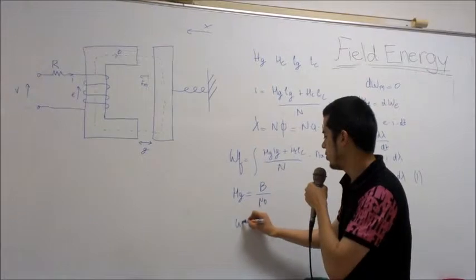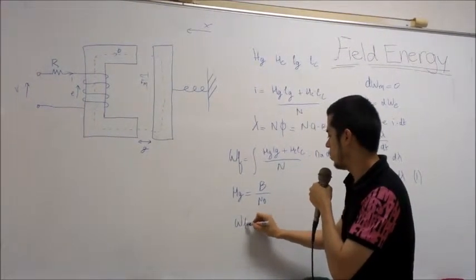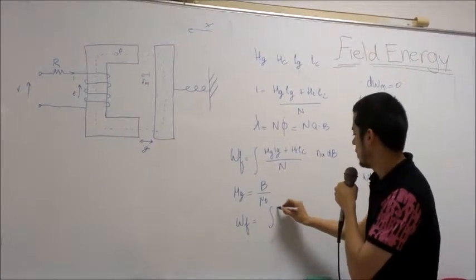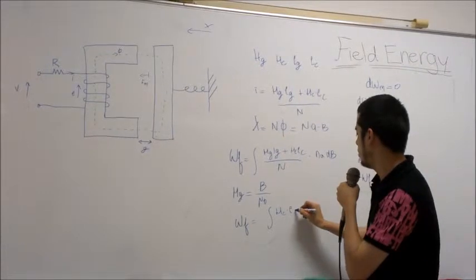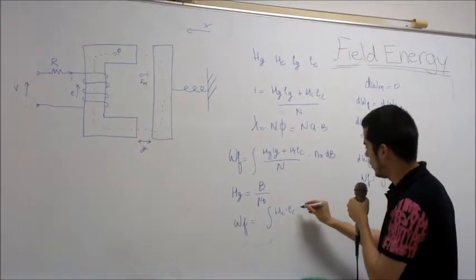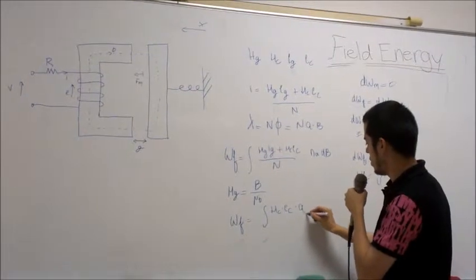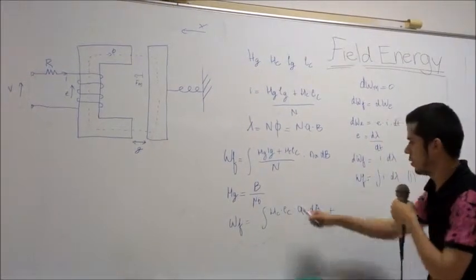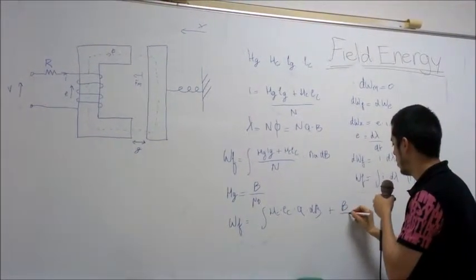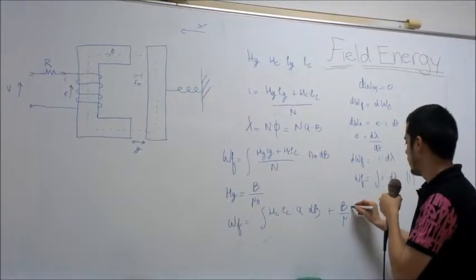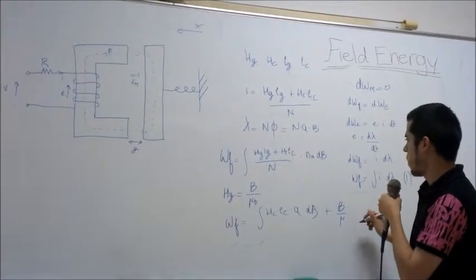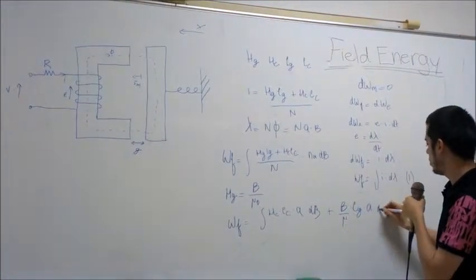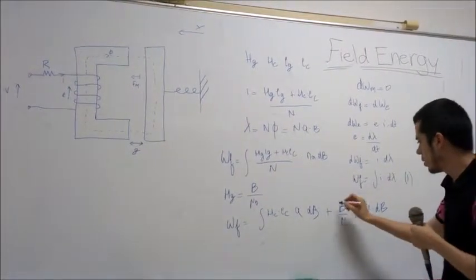We can then rewrite this equation as Wf is equal to the integral of Hc times Lc times the area times dB, plus this one, B over mu 0 times Lg times A times dB. The integral of this one.